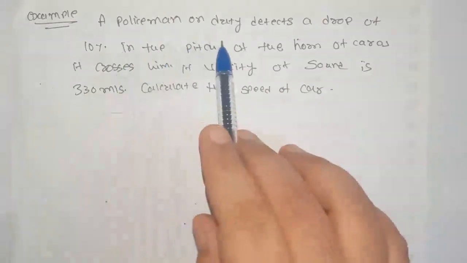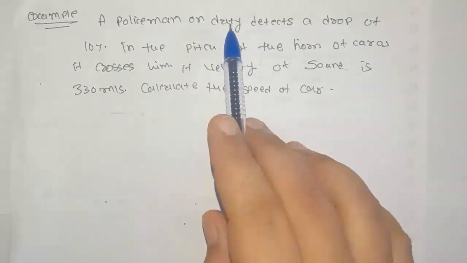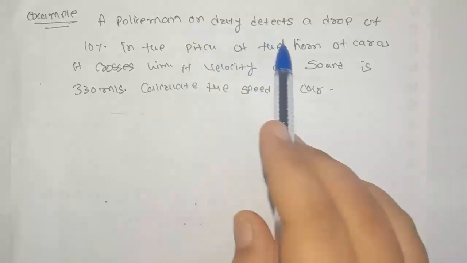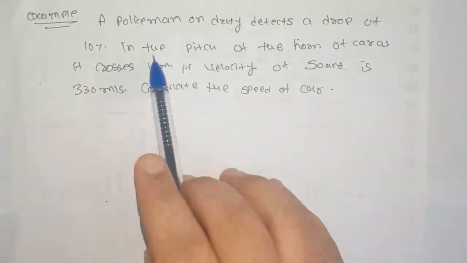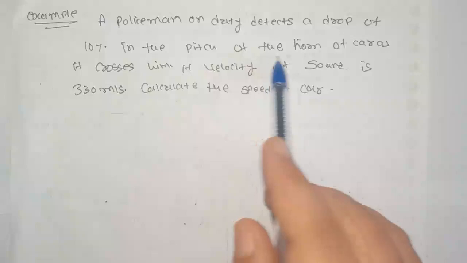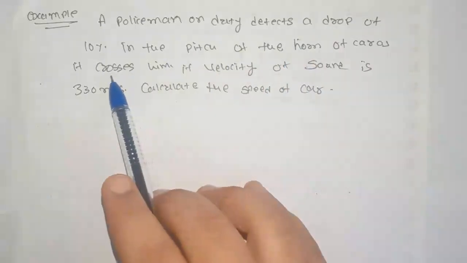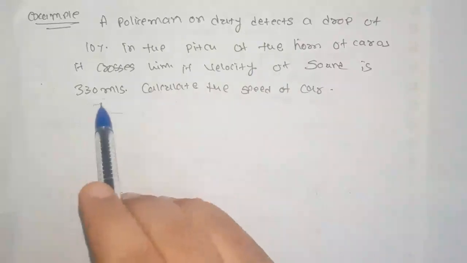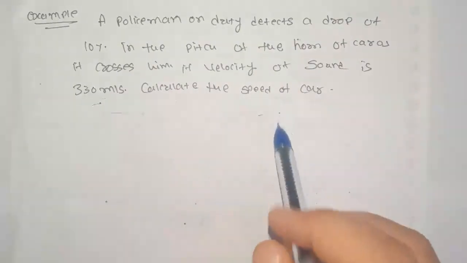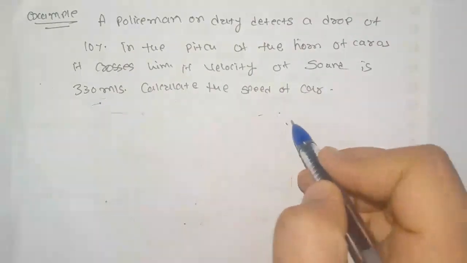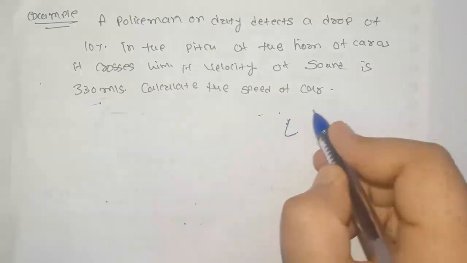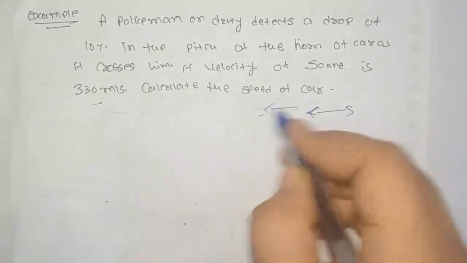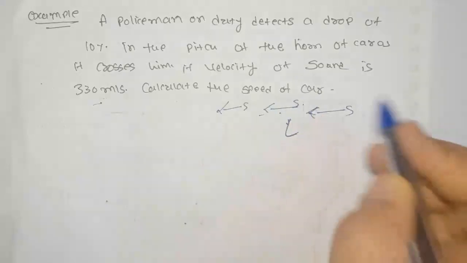Here in this question, a policeman on duty detects a drop of 10% in the pitch of the horn of car as it crosses him. If the velocity of sound is 330 meter per second, calculate the speed of car. Here the listener is stationary and source is crossing the listener.